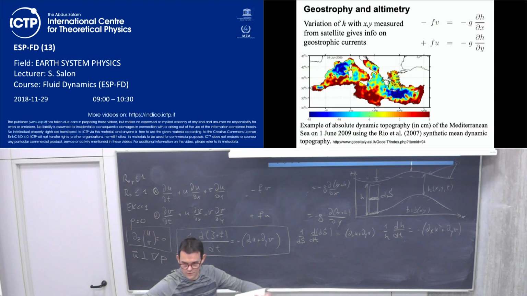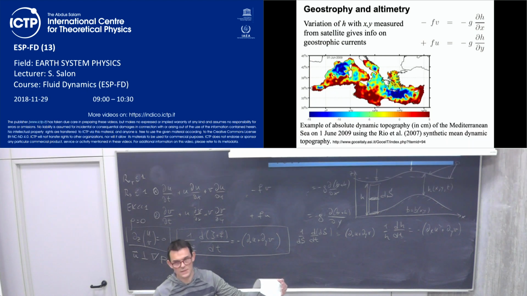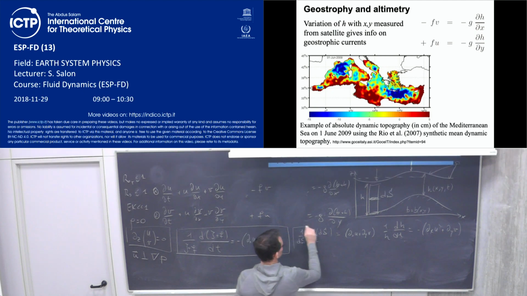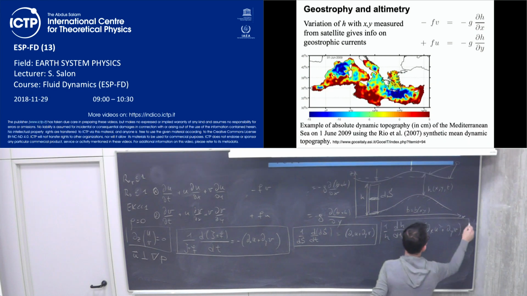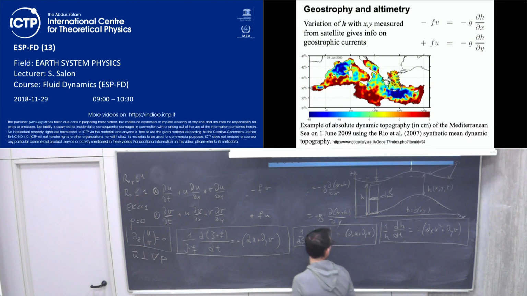So the flow is converging, the cross-section is decreasing. The flow is diverging, the cross-section is increasing. So I have three equations which relate divergence to vorticity, cross-section, and height.